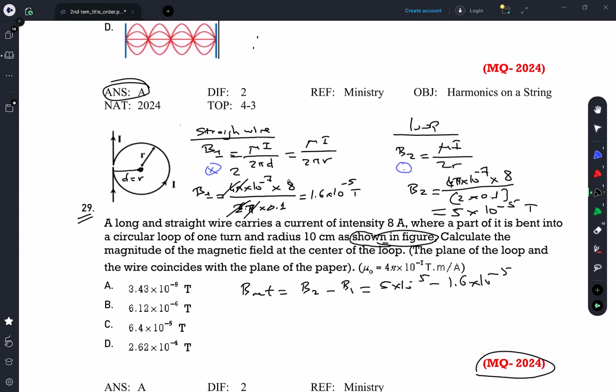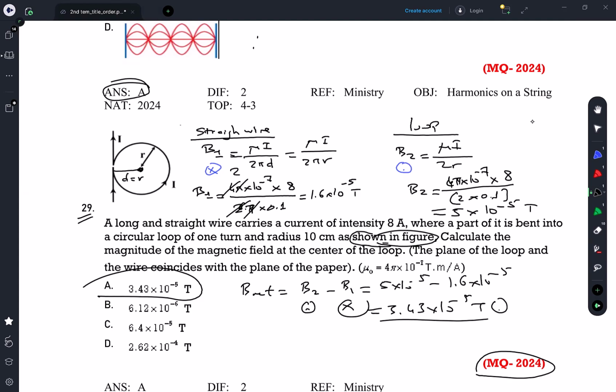It's going to be 3.43 times 10 to the power of negative 5 Tesla. And of course, it's going to be in the same direction as B2. B2 is dot, B1 is cross, so the result is dot, out of the page. The answer is A.